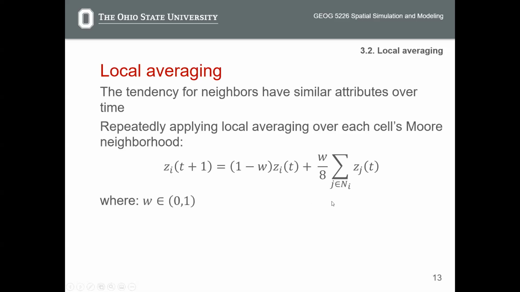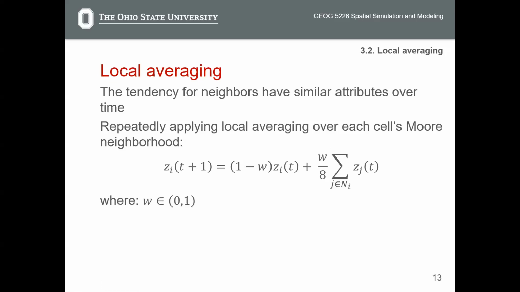Okay, so when every cell on this lattice is following this specific rule to update its state, what's the result? It's always a portion of its current value and a portion of the average value of its surroundings.